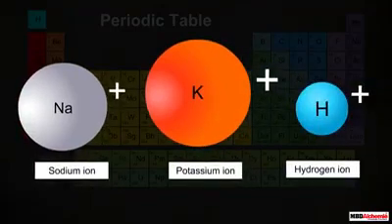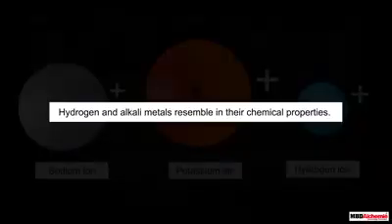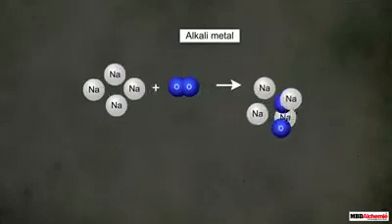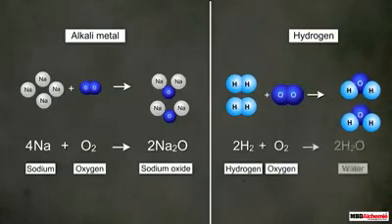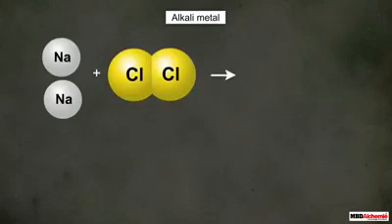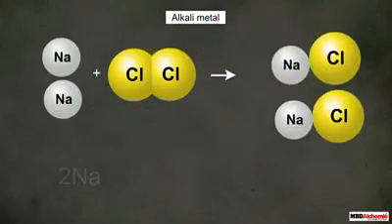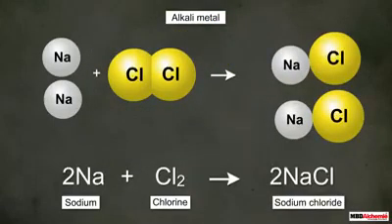Because of the ability to lose an electron to form a unipositive ion, hydrogen and alkali metals also resemble each other in their chemical properties. For example, with oxygen, an alkali metal combines to form its oxide. Similarly, hydrogen combines with oxygen to form hydrogen oxide, that is water. Similarly, an alkali metal combines with chlorine to form its chloride.